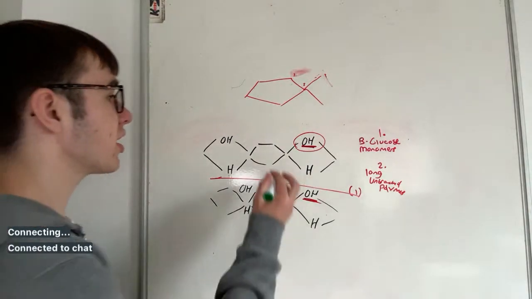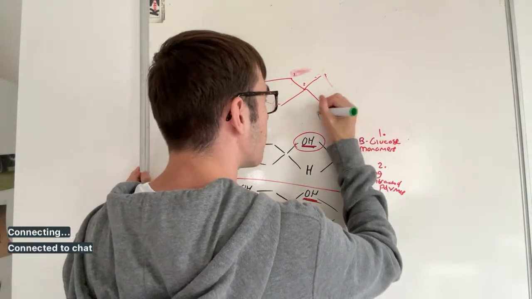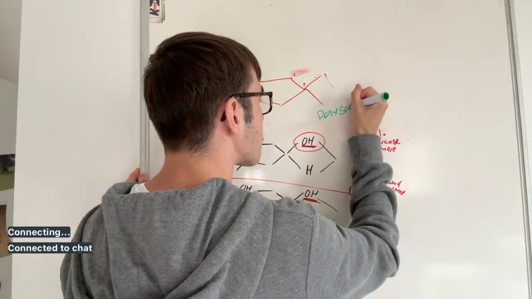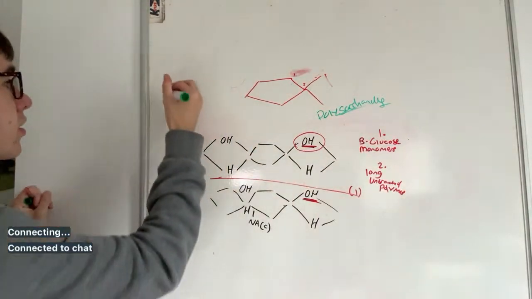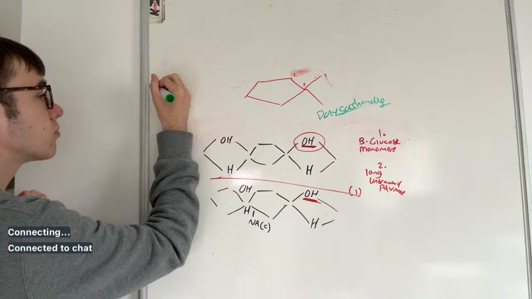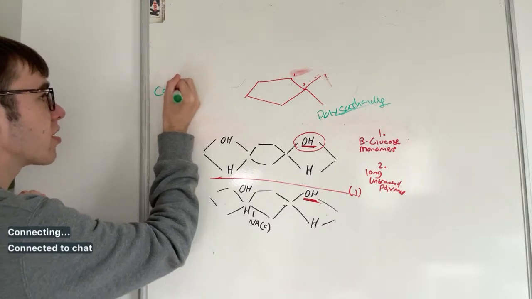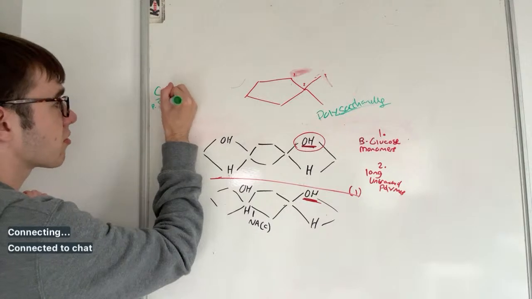Joined by glycosidic bonds. Obviously! They're both polysaccharides. Okay, what's it called? In carbohydrates, it's glycosidic bonds.